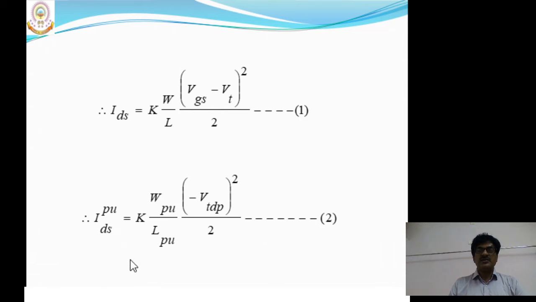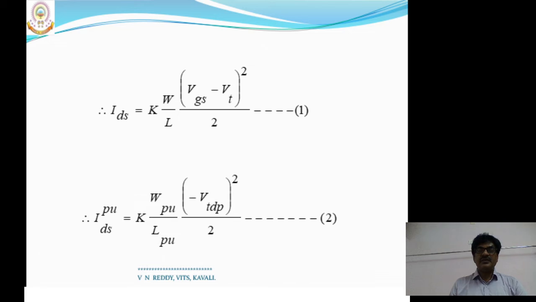So now the current is like this. IDS for the pull up transistor equals K W pull up divided by L pull up into, since VGS is 0, just minus the threshold voltage of the depletion transistor, that is VTDP, whole square divided by 2. Assume this is equation 2.